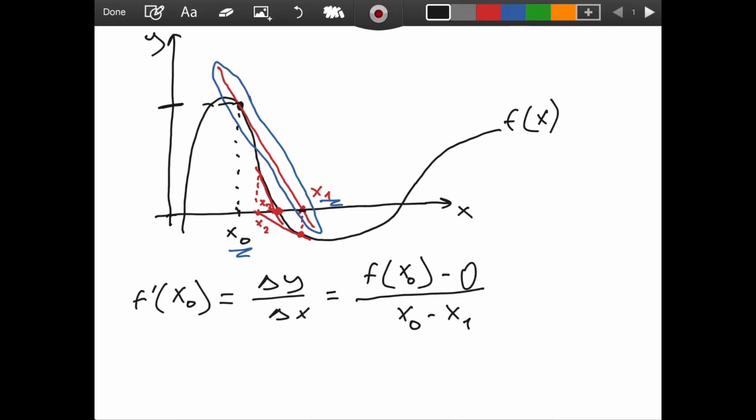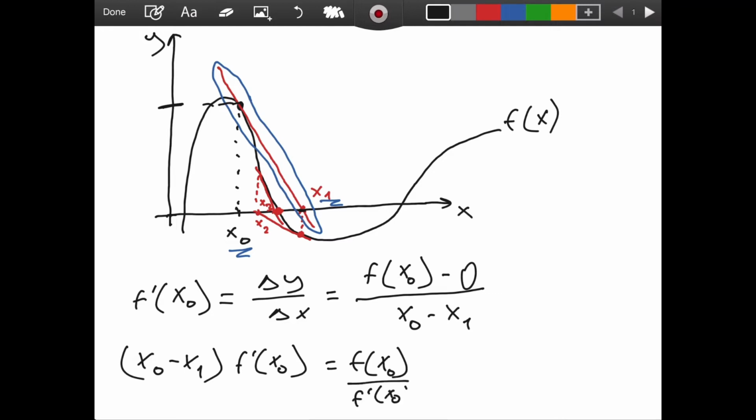So if we solve for x1 here, what do we get? Well, if we multiply both sides with x naught minus x1, we get this as equal to f of x naught. So we divide both sides by the derivative, and I'm going to do it here and erase this part now. So it is gone.